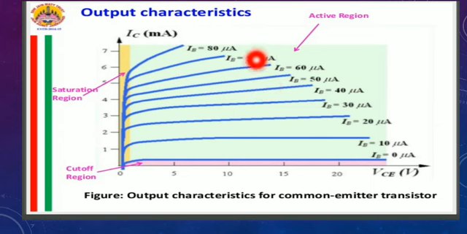And this side is the active region. See, that's why the collector current increases linearly, that means almost a straight line, right? So this is the output characteristics, the collector emitter voltage versus the collector current. The collector current is measured in milliampere.